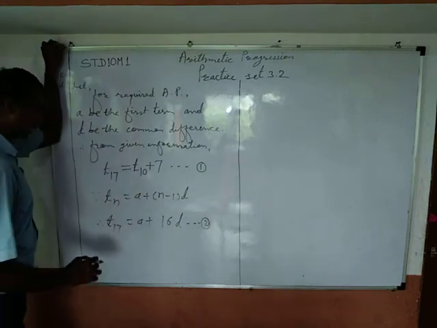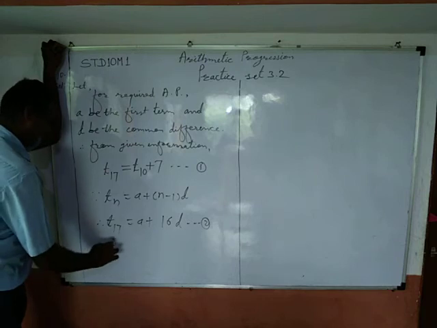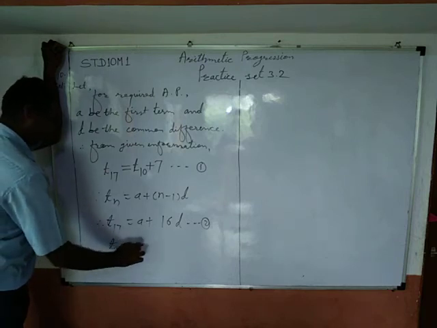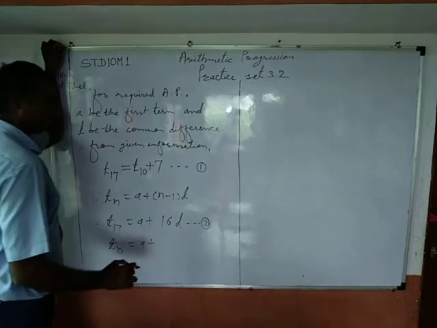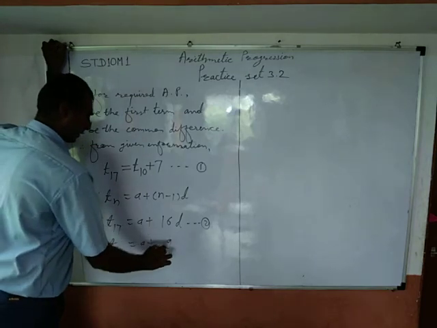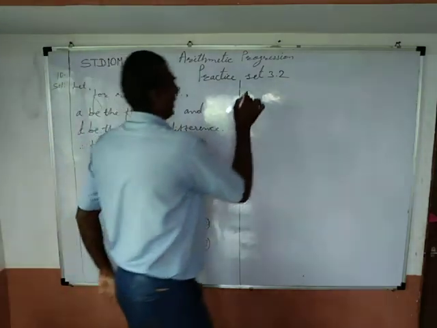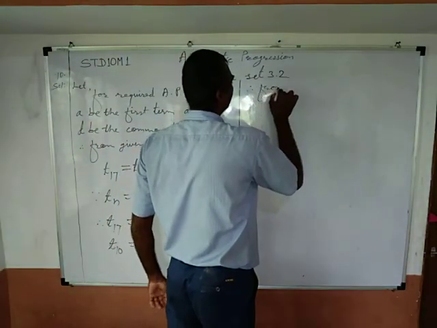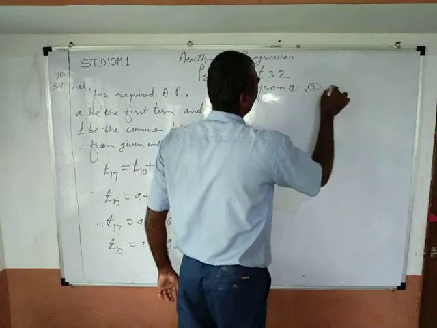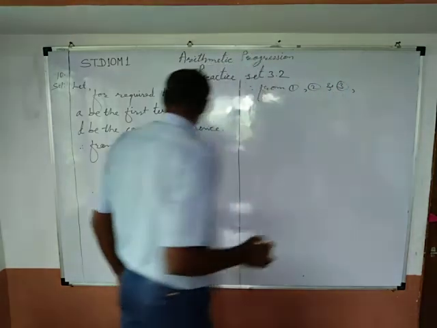Equation second. And T10 will be equal to a plus (10 minus 1), which means 9d. Equation third.